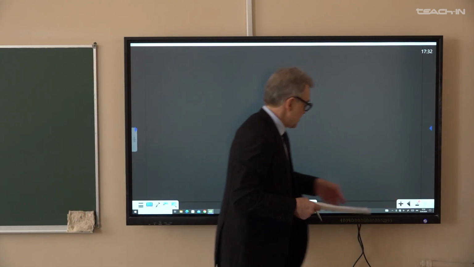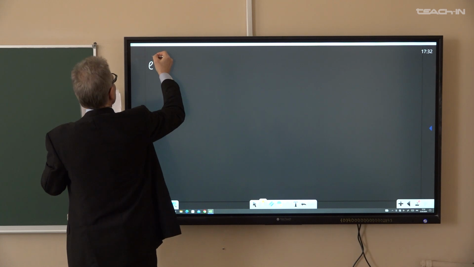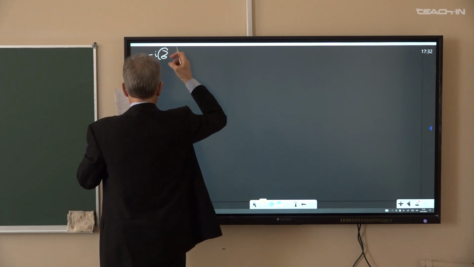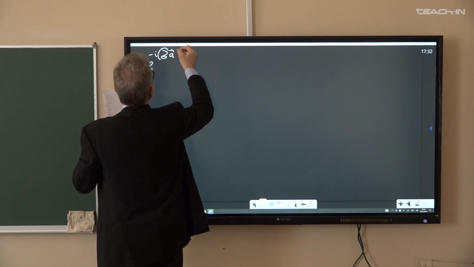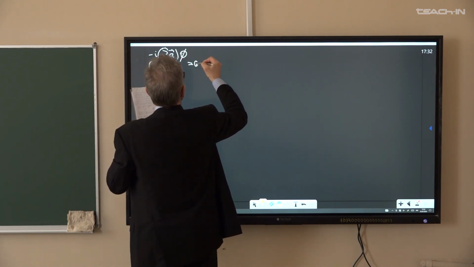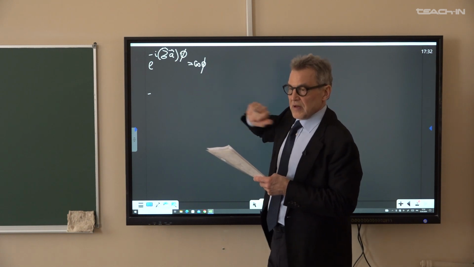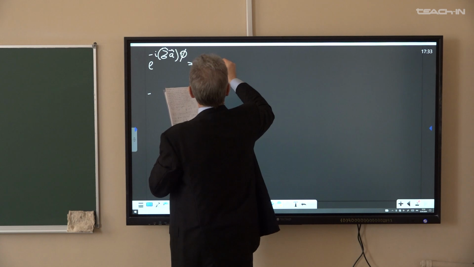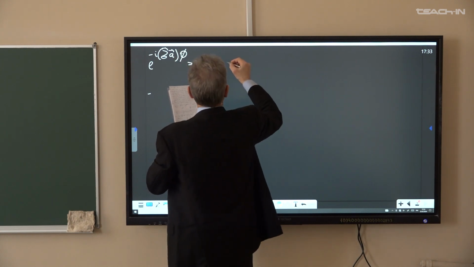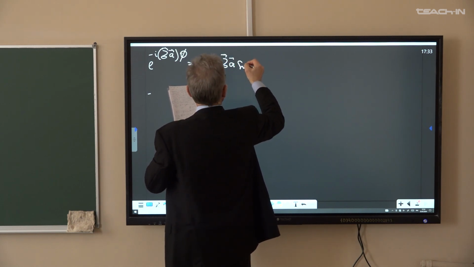I only recall a very powerful equation: exponent of minus i sigma vector on some vector A, let's say, multiplied by phi equals cosine phi, I am not writing the unit matrix, minus i sigma A sine phi.